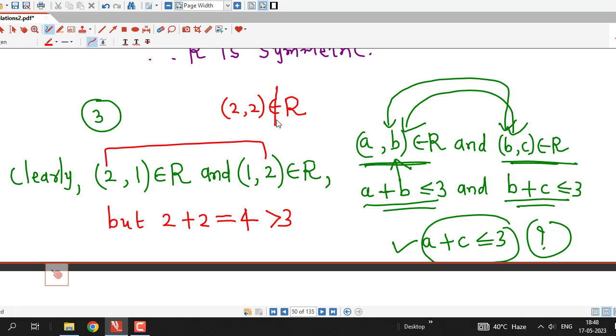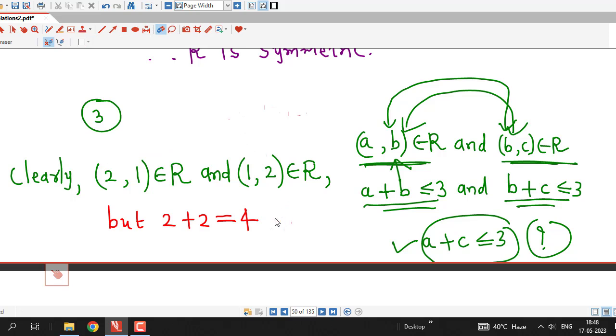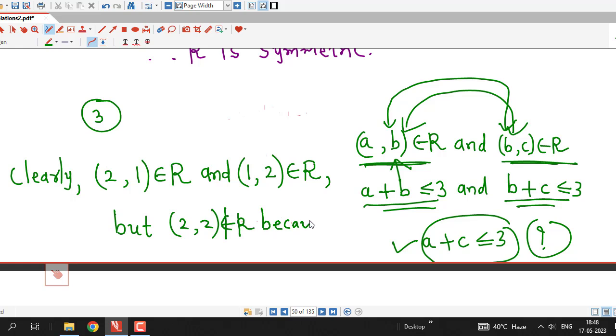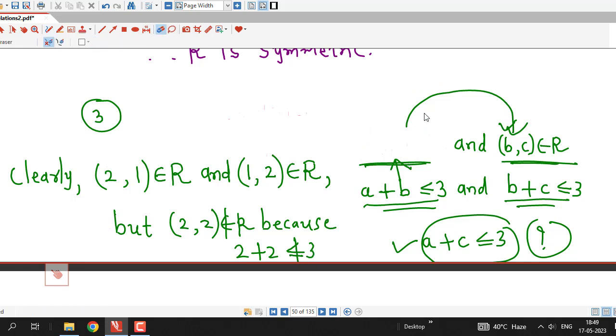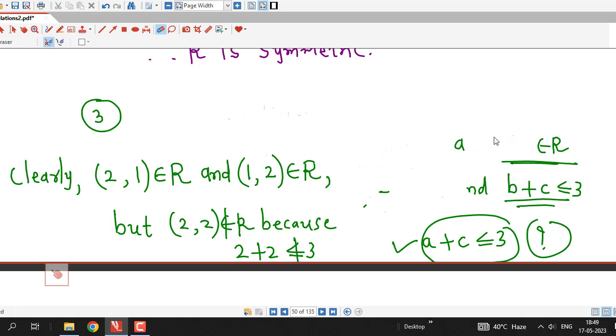So (2, 2) cannot be in R. So here we have obtained two ordered pairs such that (2, 1) belongs to R and (1, 2) belongs to R, but (2, 2) is not in R because 2 + 2 is not less than or equal to 3, and therefore this relation is not transitive.